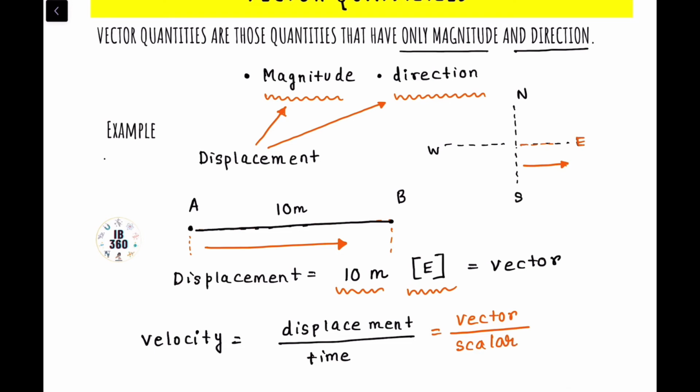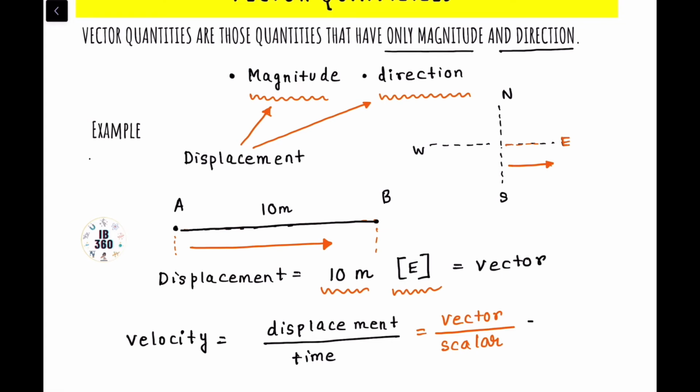So this is a vector divided by a scalar, so our velocity will also be a vector quantity.